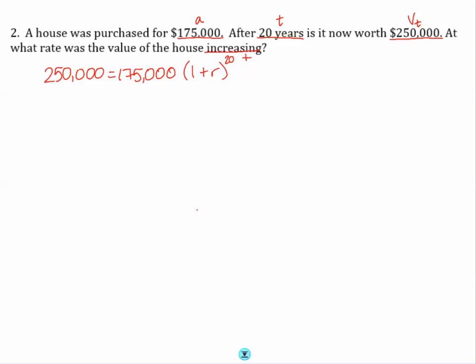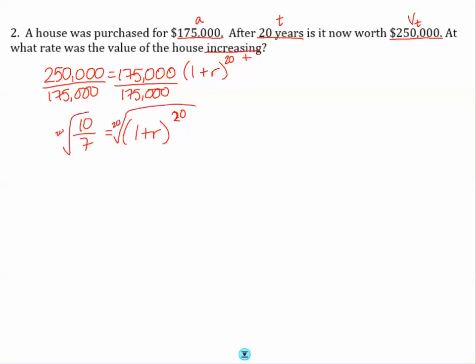So if we want to solve for R, first we need to divide both sides by 175,000. We end up with 10 over 7 equals 1 plus R to the 20. To get rid of the 20th power, we need to take the 20th root of both sides.